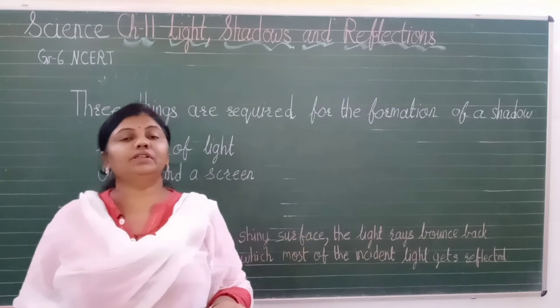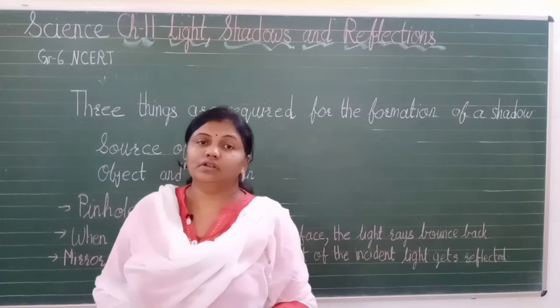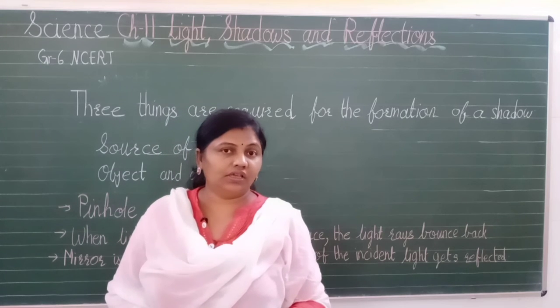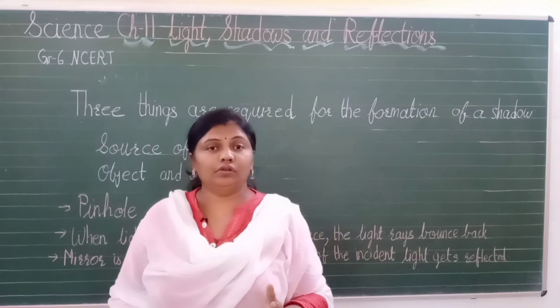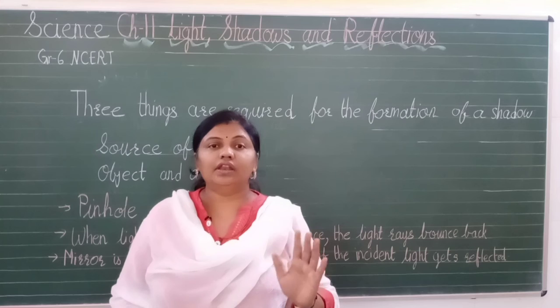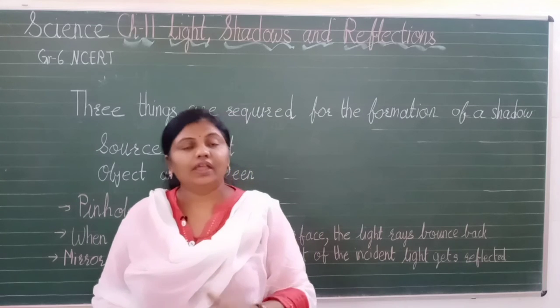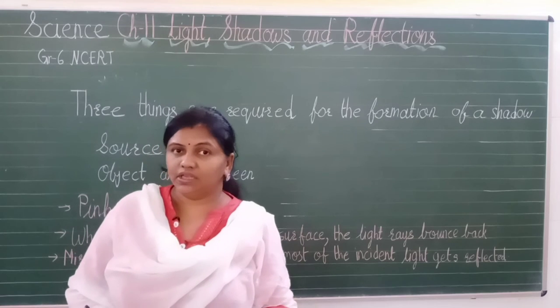Examples of non-luminous objects are a wall, which doesn't have its own light, and the moon. The moon doesn't have its own light. The light of the sun falls on it and is reflected by it, and then we can see the light.